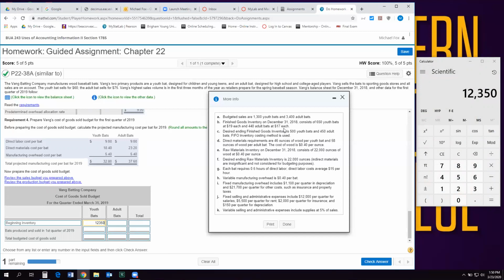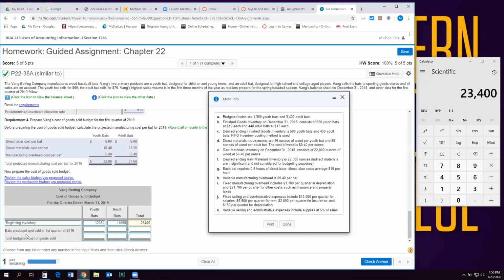Interesting, the adult bats cost less, but that's what it says, so I'm going to go with it. 650 times 17. Our total, 11,050 plus 12,350 is 23,400.